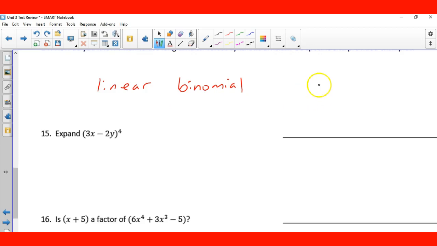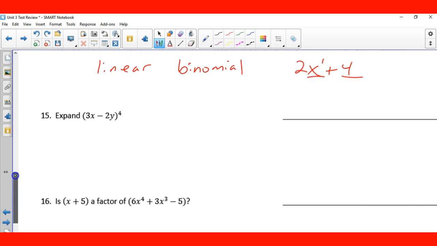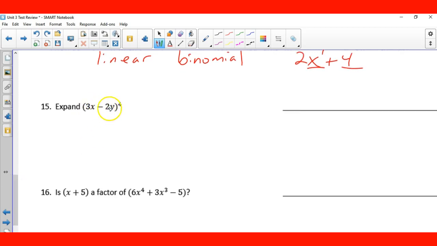Remember, linear is going to be something like x plus 4. The degree of the variable is 1, and that's what makes this linear. Binomial is just 2 terms, even if it's something like 2x plus 4. Now we need to expand this: 3x minus 2y to the fourth.